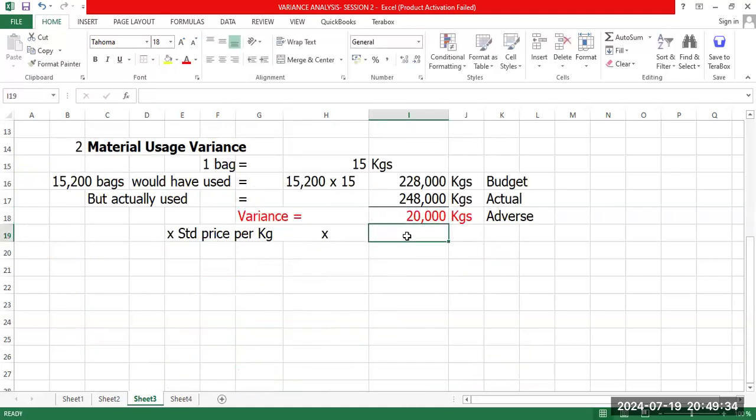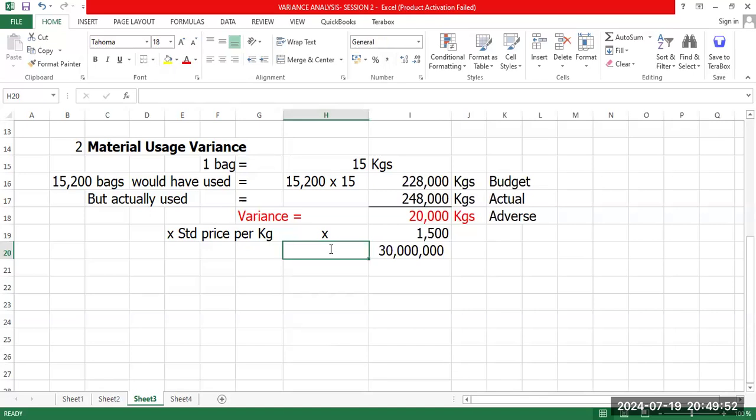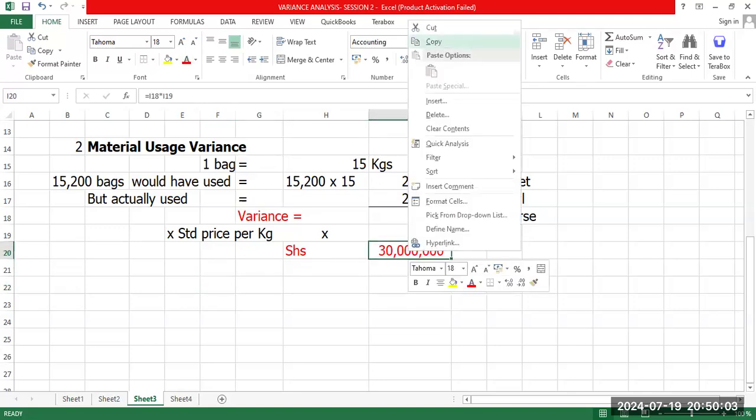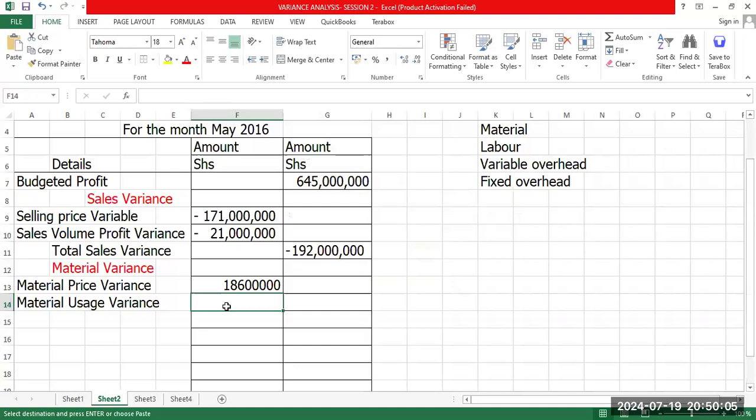So multiply by 1,500. And what do you get? This, that's what you have? Yeah. So we recorded this one to our table.